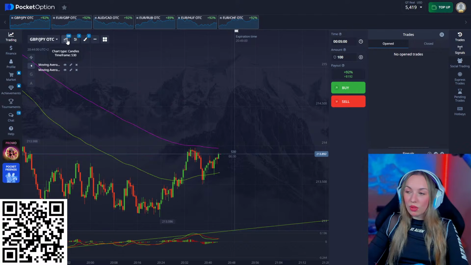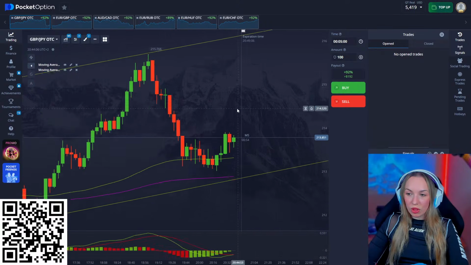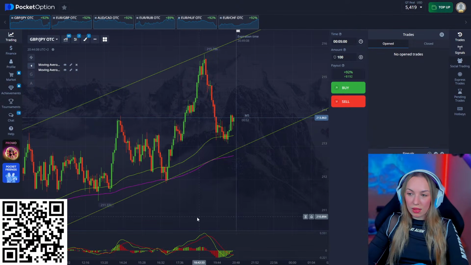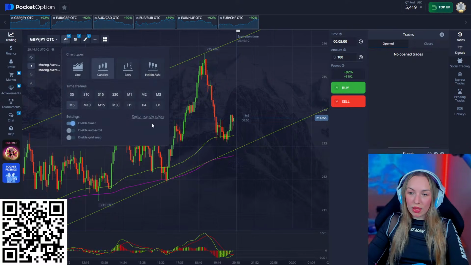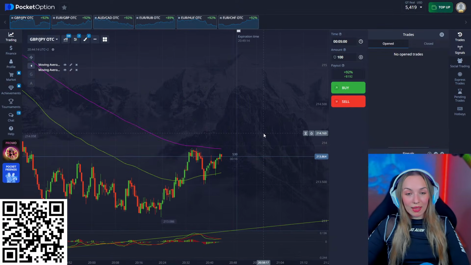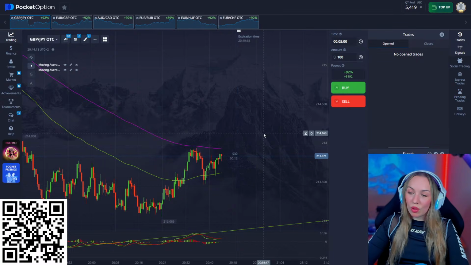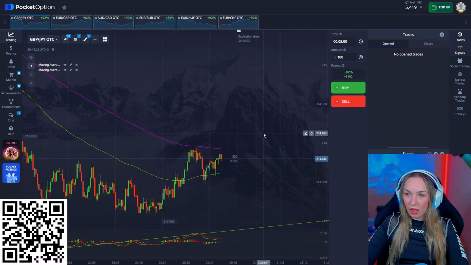So maybe I would love to open here the trade in the upward direction on GBP JPY, which I told you looks like it's going to go up on the 5 minutes time frame. Probably I'm going to believe the bigger time frame, 5 minutes, and I will open the trade on 30 seconds. I just need to see the confirmation from the candles that it's going to go up.